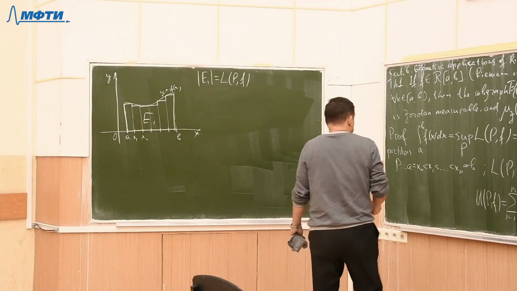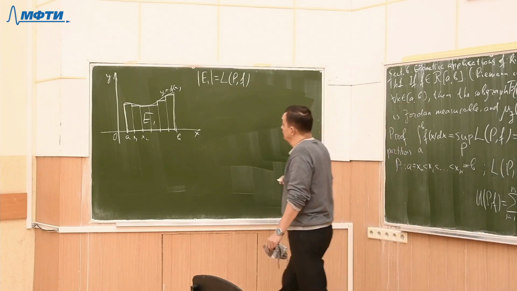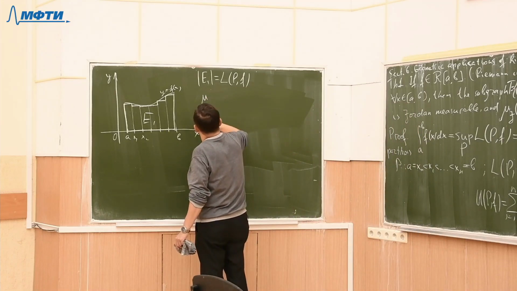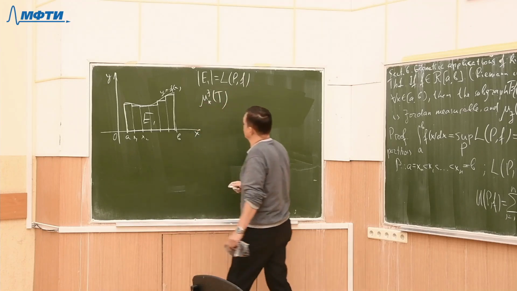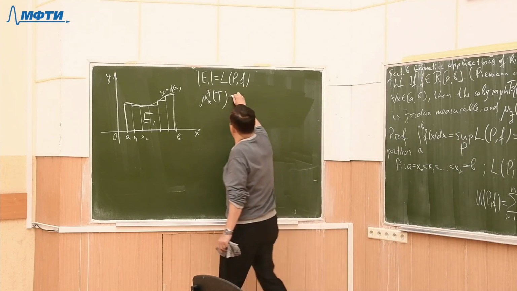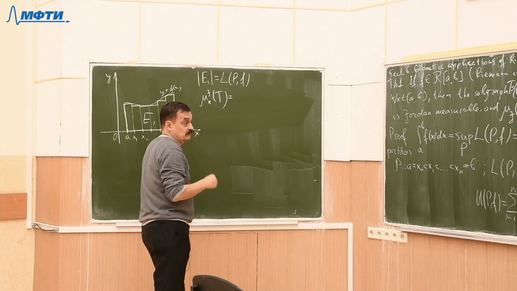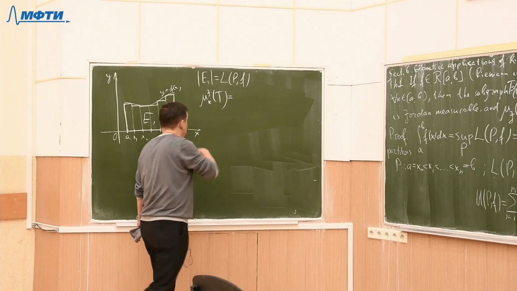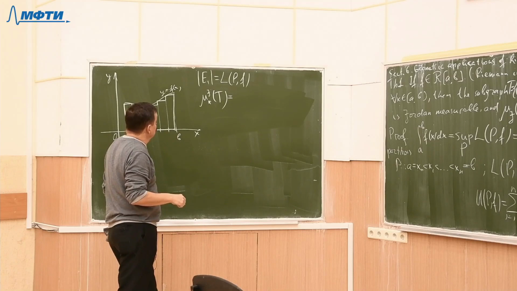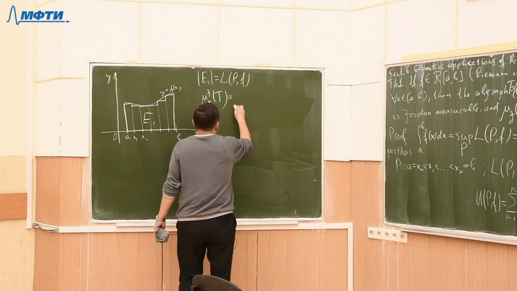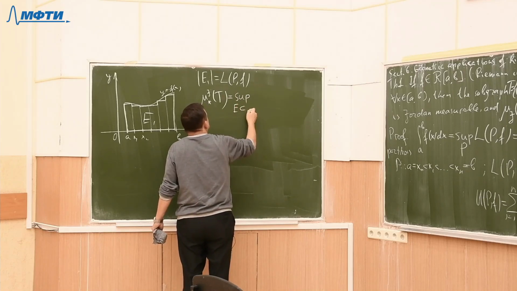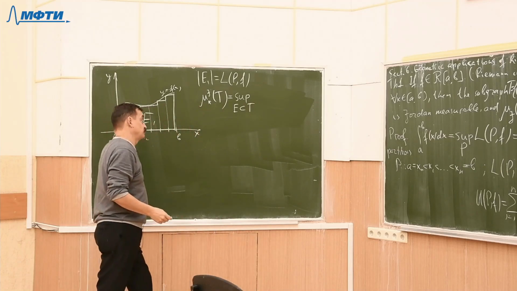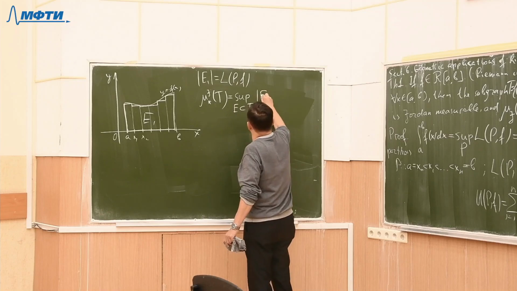So it means that the lower Jordan measure of our subgraph, which is, by the remark I mentioned today, the supremum over all elementary sets in T of their volumes, right?